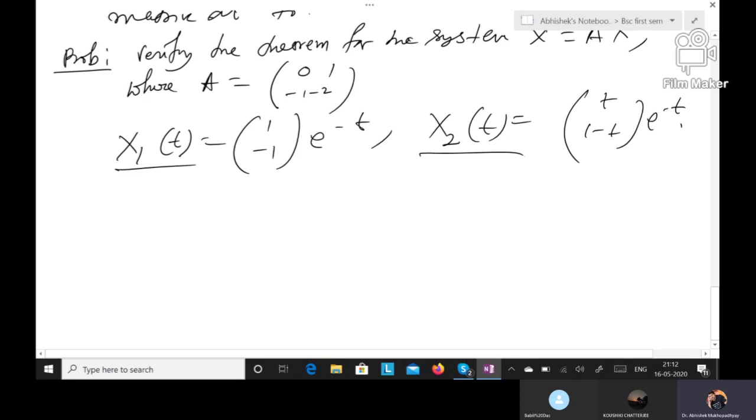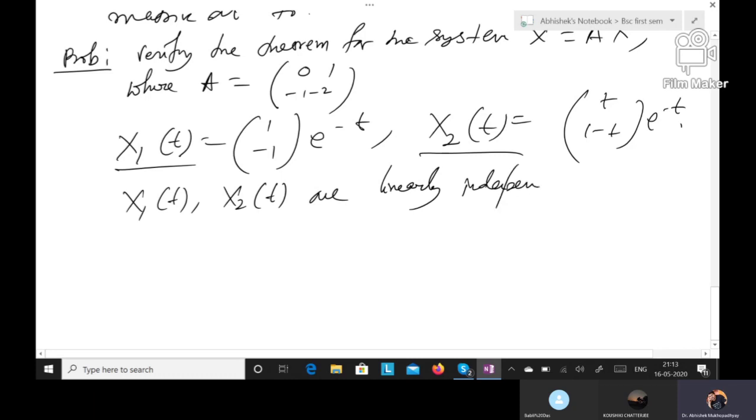You can check this easily on your own. So x1 t, x2 t are linearly independent at any t.